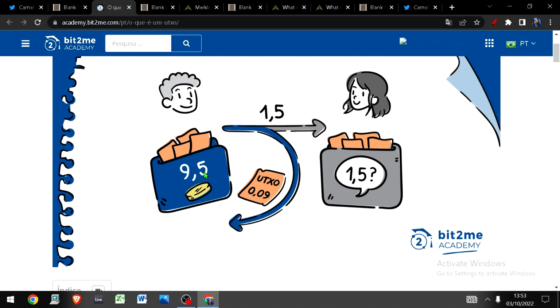So how this would look in the real world is if you have 9.5 Bitcoin in here and you want to send 1.5 Bitcoin, the way the protocol will work is it will choose the smallest UTXOs first. So if the smallest one of these tickets contains 1.5 Bitcoin exactly, then that's fine. You can send your 1.5 Bitcoin using that one ticket.